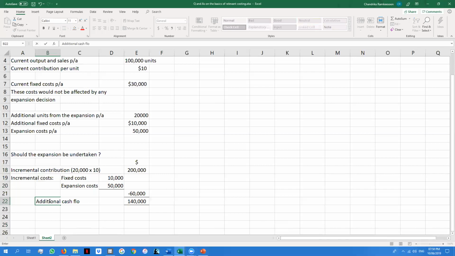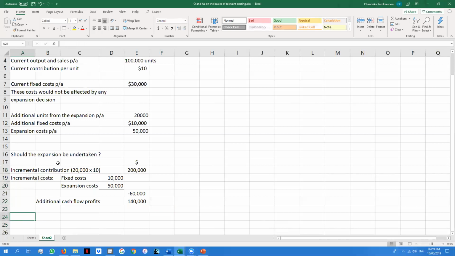And by the way, in the exam, you don't need to call it additional cash flow profits. You can simply call it additional profits, because you've only used cash flows on the way down. The reason I'm using cash flow is just to emphasize that everything is cash flow related. And of course, don't forget, if a question like this asks you, should the expansion be undertaken?